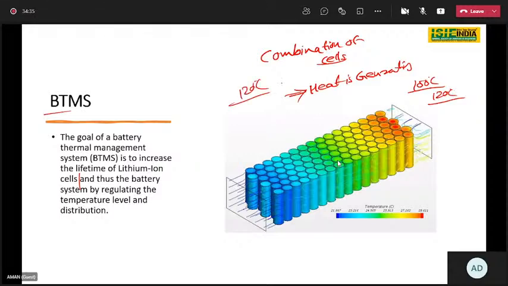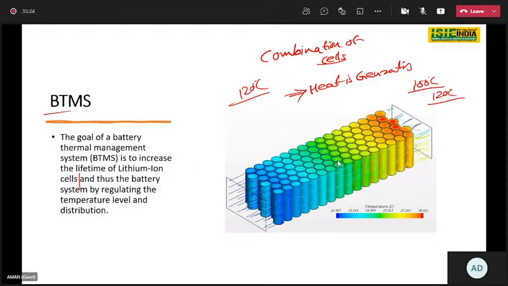After 120 degrees Celsius, the cell might not be able to work, or there is a very high chance of thermal runaway. So we want to bring our cell, or our battery pack, into a thermal zone where it gives us an optimum work range. We'll discuss the optimum work range later. First, the main point is to understand how the heat is generated and how the rise in temperature actually happens. Due to continuous work of the cell, heat is generated, and we need to cool this battery pack, or individual cell, to get optimum performance. If the temperature keeps increasing, there is a very high chance that your battery pack might not be able to work, or of thermal runaway.